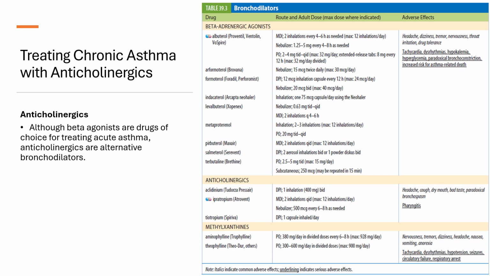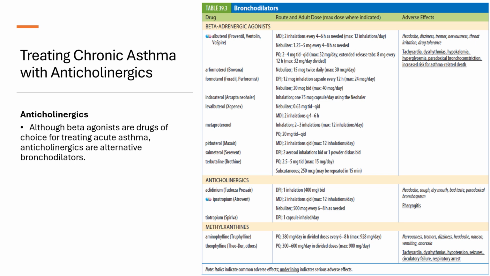However, the discovery of anticholinergics that can be delivered by inhalation led to the approval of two important drugs in this class for asthma. You have your ipratropium and tiotropium. A third drug, aclidinium, was approved in 2012 for the treatment of your chronic obstructive pulmonary disease.